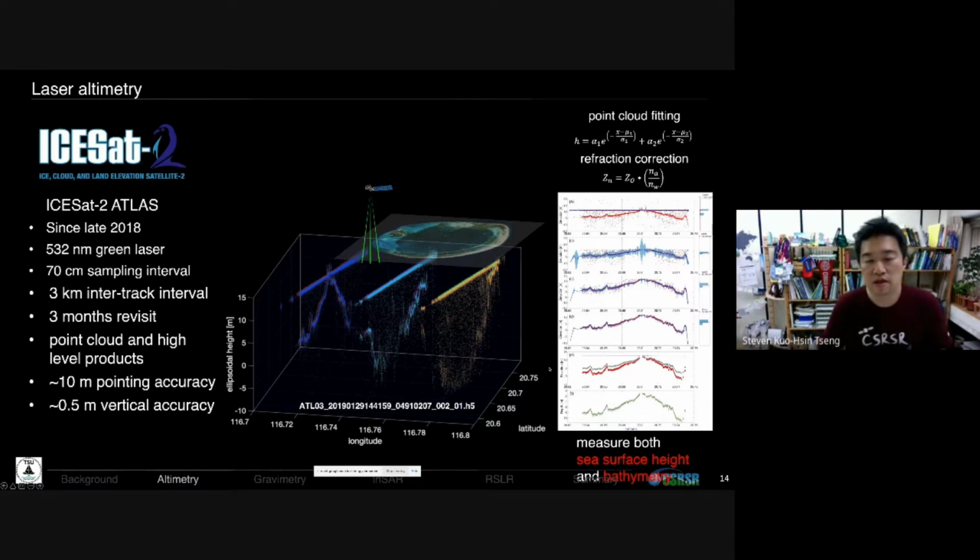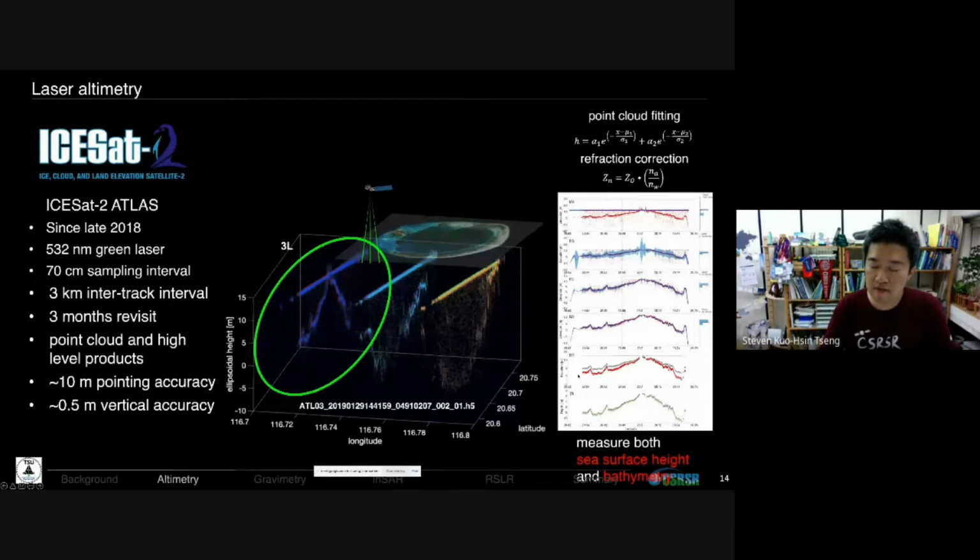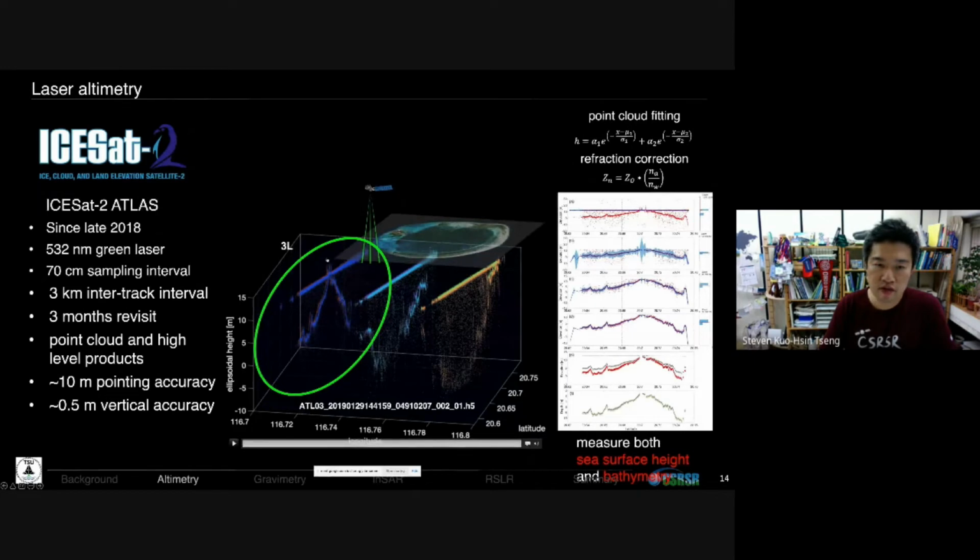So it's a very phenomenal application for ICESat-2. But today, it's just an example that we can also use laser altimeter to measure sea surface height. So this processing flow is for one of the beams here.